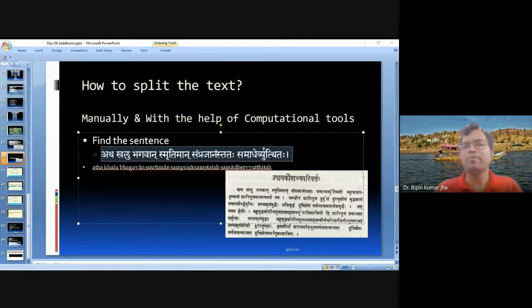Okay, then you are finding the meaning of those terms, and at last you are just compiling the meaning. And not only you are compiling, but also you are trying to understand the context. As per context you are extracting the meaning.